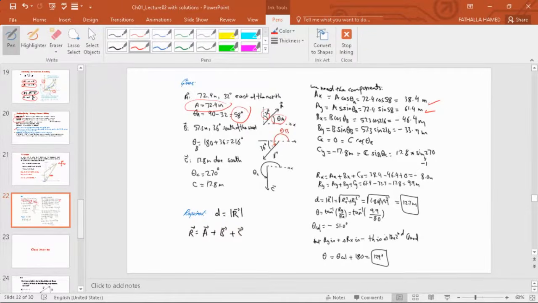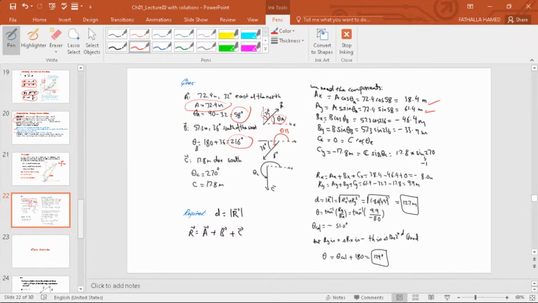Now, when I come to the second vector, it makes an angle of 36 degrees south of west, but you want it relative to the positive x-axis. So you're going to add 180 degrees to it, and that will give you 216 degrees.